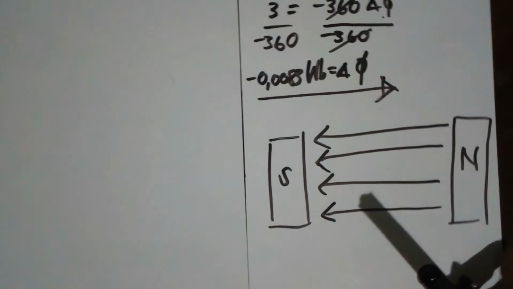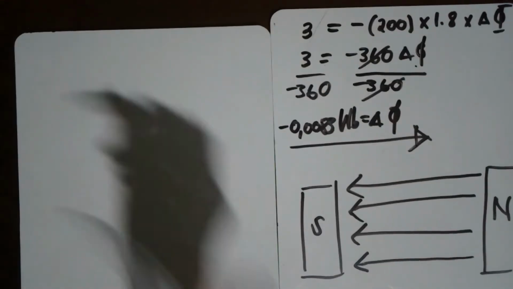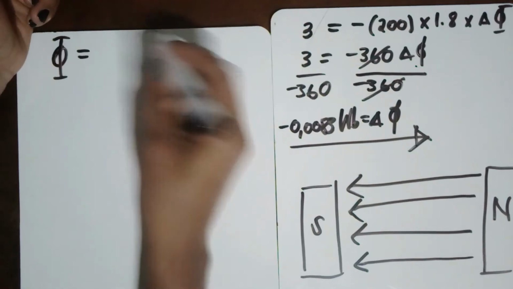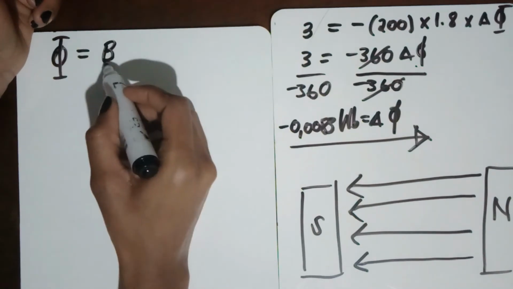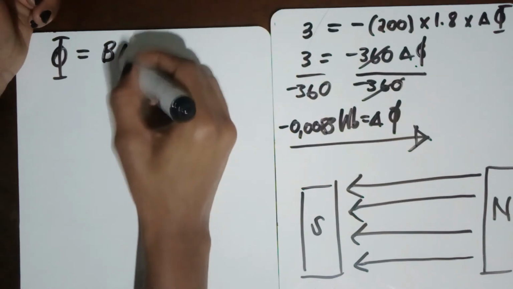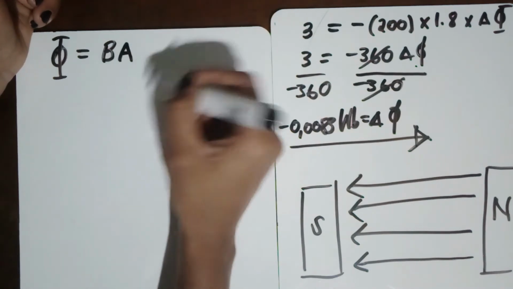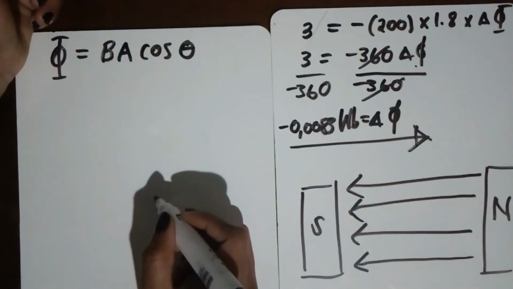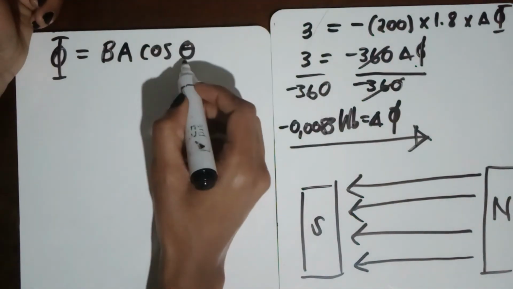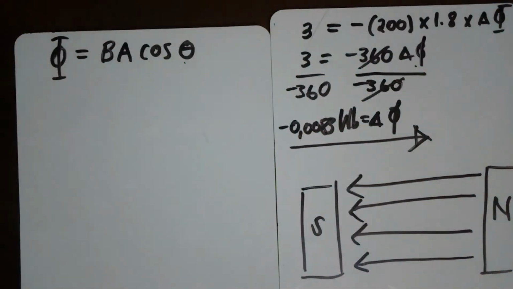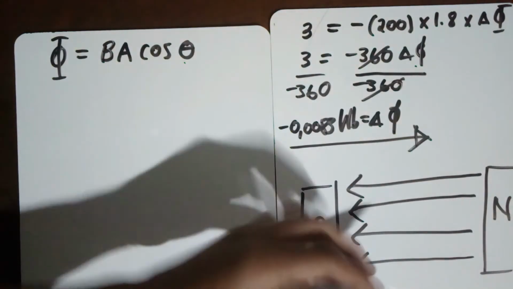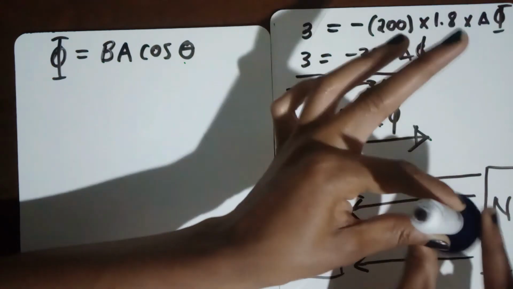And it says to us that the magnetic flux equals the product of my magnetic field with the area, multiplied by cos of theta, right? This theta here is very important. This theta here is the angle between my magnetic field lines and the normal to my conductor.